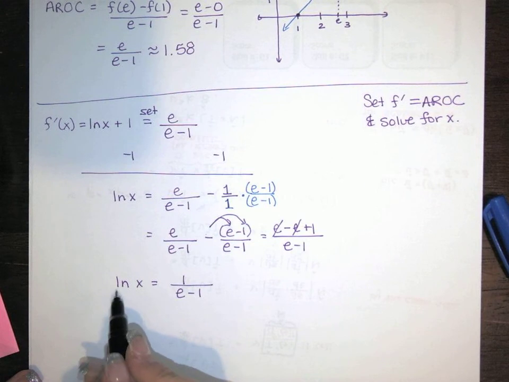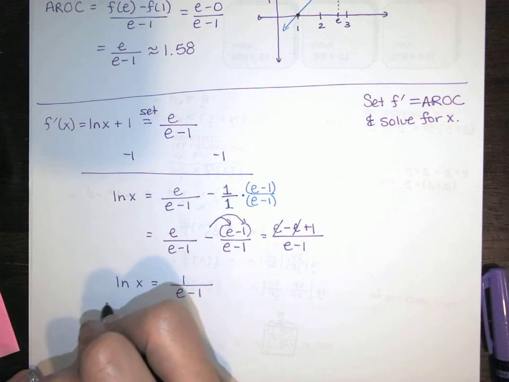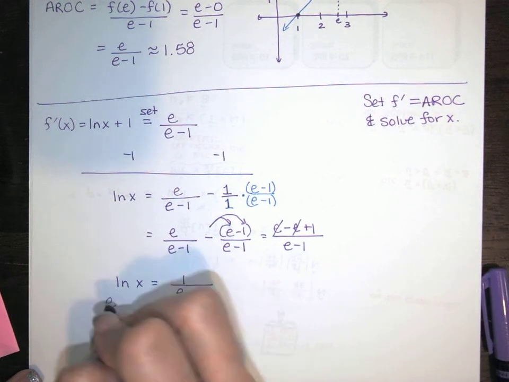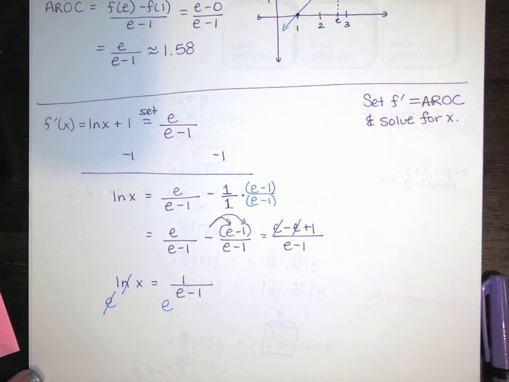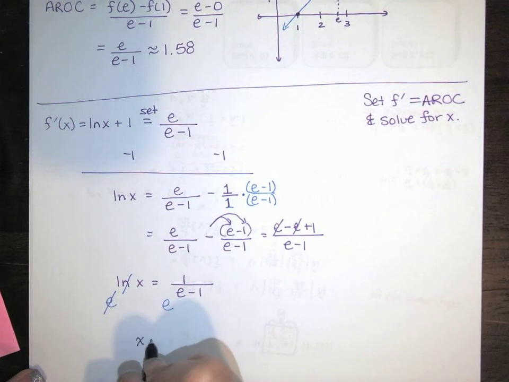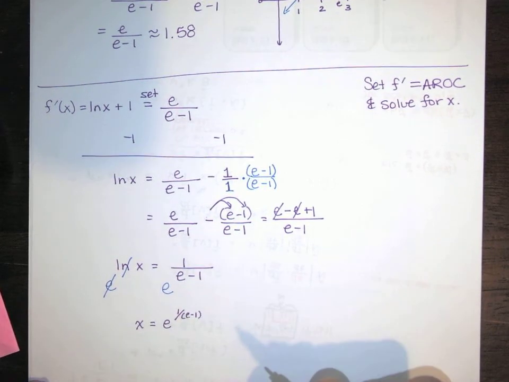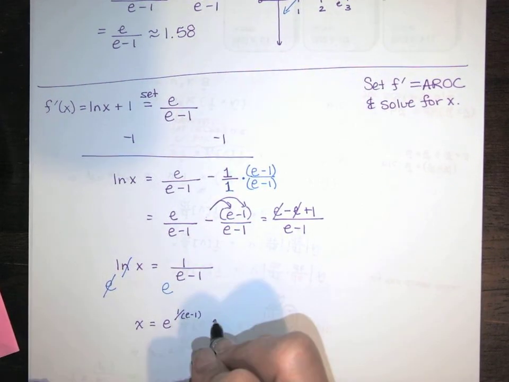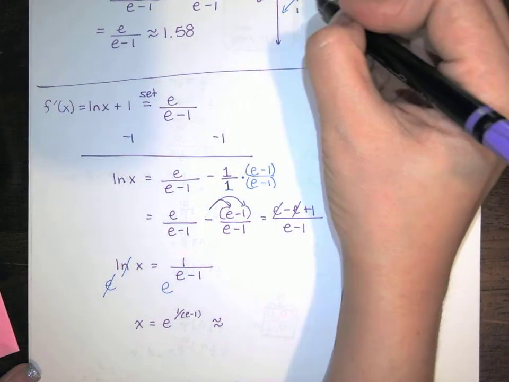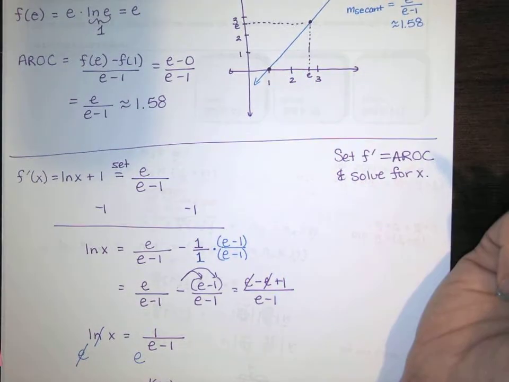And to get rid of the natural log, we're going to use the base e. I know it looks bad, but that's just the number. x is equal to e raised to the 1 over e minus 1 power. I don't know what that is, but I can find an approximation. Hopefully it's between 1 and e. It's supposed to be.